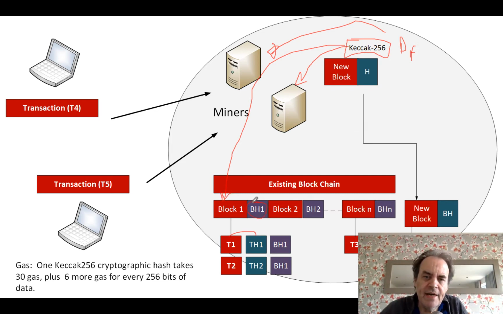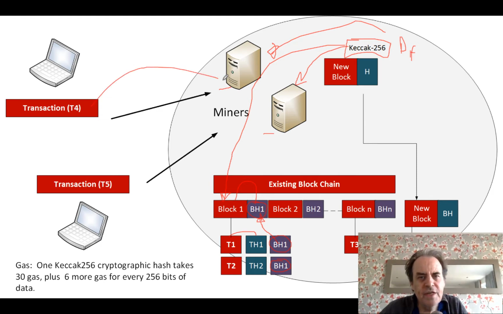Okay, so there's a block hash that the miners create for each block, and then hopefully they'll get a consensus on what the blockchain should be, so that all the miners will be up to date with the actual current blockchain. Okay, and each transaction will have the block hash that it's associated with.